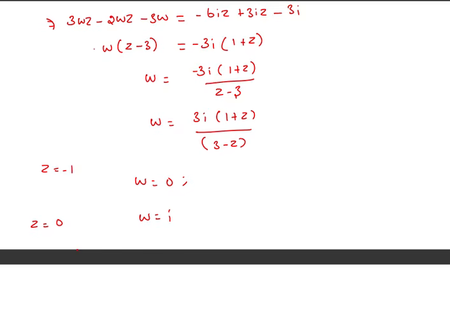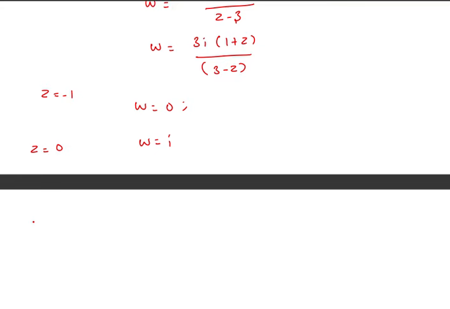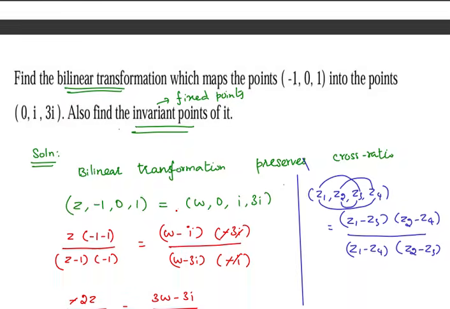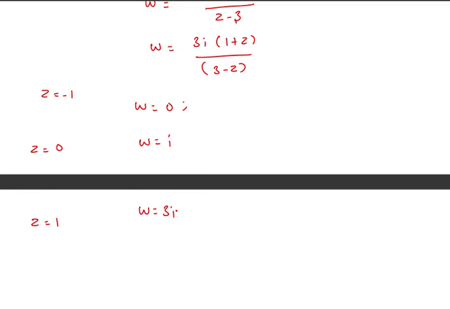We get it. z is equal to 1: numerator is 2, denominator is 2, so the 2 cancels, w equals 3i. So clearly it satisfies all three, we verified, correct? So this is the verification. You need not do this from the exam point of view; I simply wanted to check it.